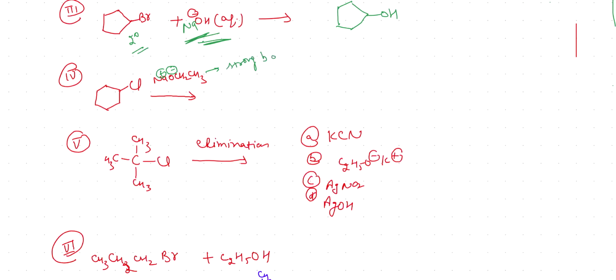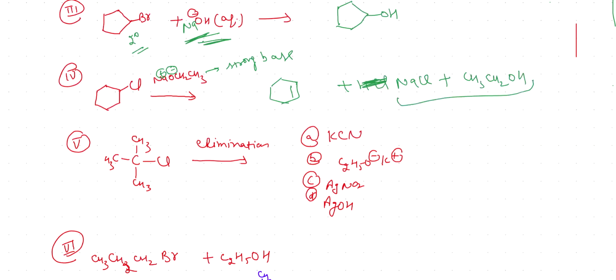What would it lead to? It would lead to elimination. So the product will be the eliminated product plus NaCl plus CH3CH2OH. These are the byproducts. So this is the reaction, and we have to prefer elimination reaction.